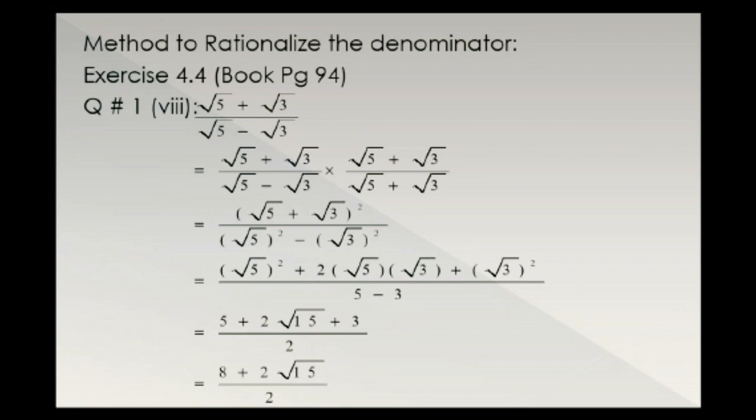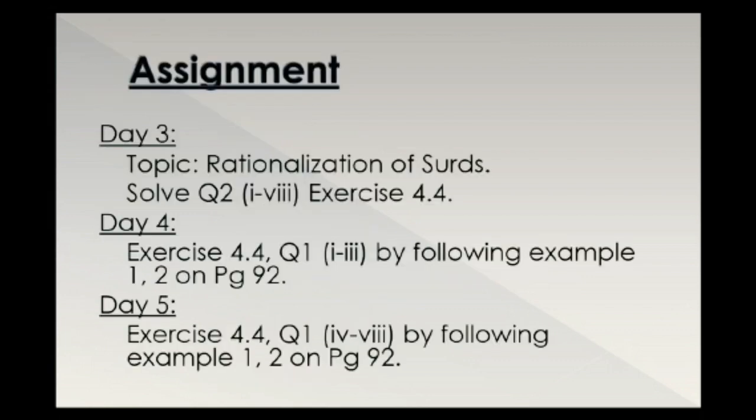Do practice of other questions, also these questions, to make it clear. I hope all the steps will be clear to you. Now the assignment for the day 3, question number 2, first to 8th part, exercise 4.4. You have to rationalize the surds. And in this question, you will find the conjugate first.